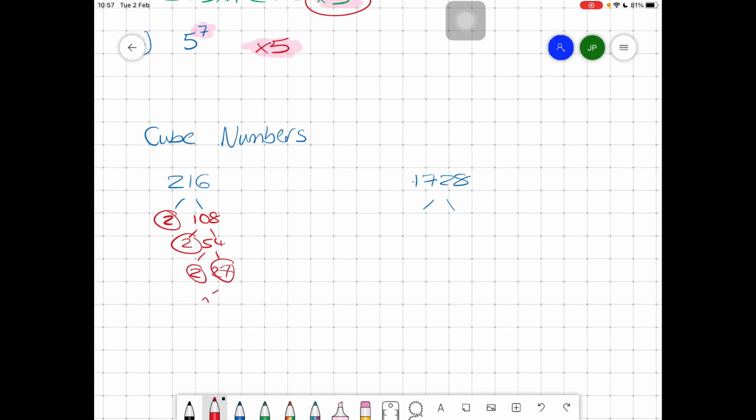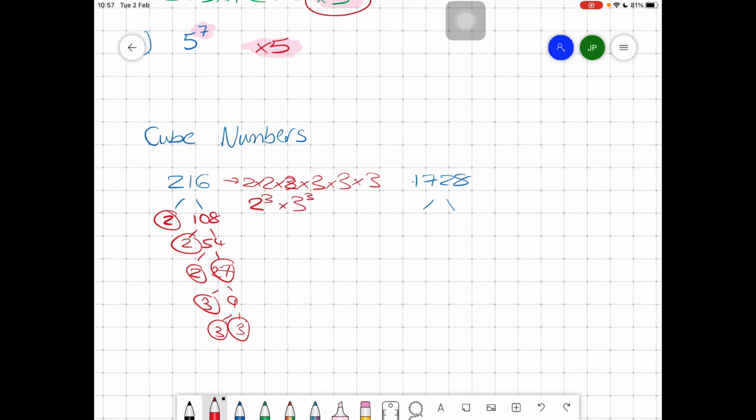Can't use 2 anymore, but 3 goes into it, so we can go 3 and 9, and 3 and 3. So I become 2 times 2 times 2, times 3 times 3 times 3. So I end up with a 2 cubed times a 3 cubed.